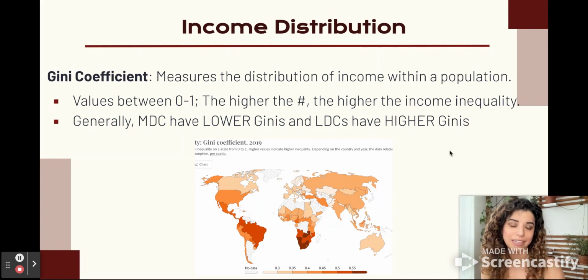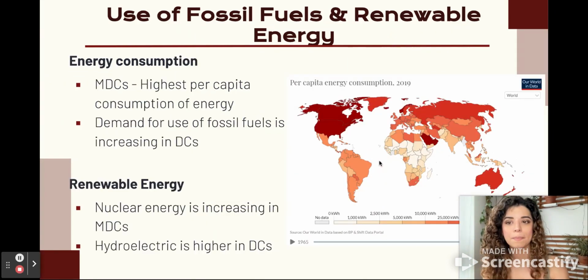Less developed countries tend to have higher Gini coefficients. Here's an example from 2019. As you can see on the scale here, the highest number is 1. And you can see general trends in the world, like here in Europe, there tends to be less inequality.